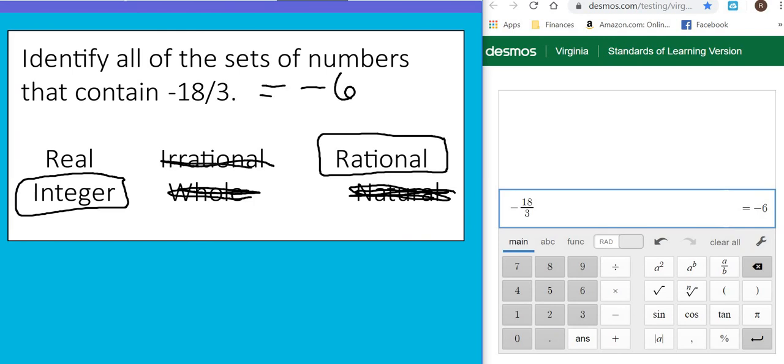Irrational, absolutely not. Negative 6, even if it was negative 6.0, does not have a decimal that goes on forever and ever and ever with no pattern. And yes, they are definitely real, no doubt about that. So it is part of the real, rational, and integer number sets.